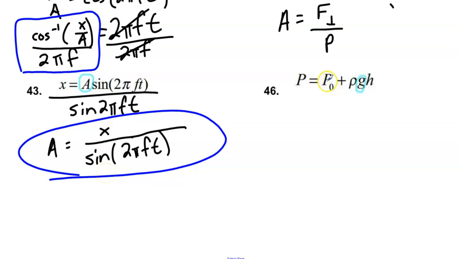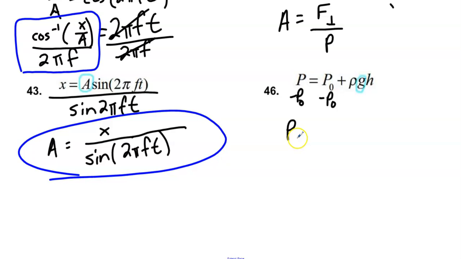Okay, P sub 0, P0, is not a like term with rho g h. Again, that weird Greek letter that looks like p is actually rho. So we're going to move that not-like term over to the other side.